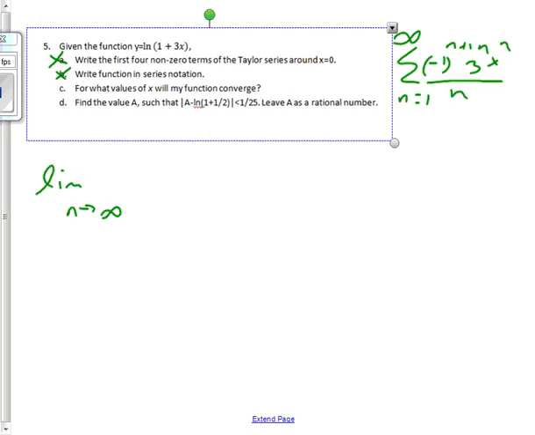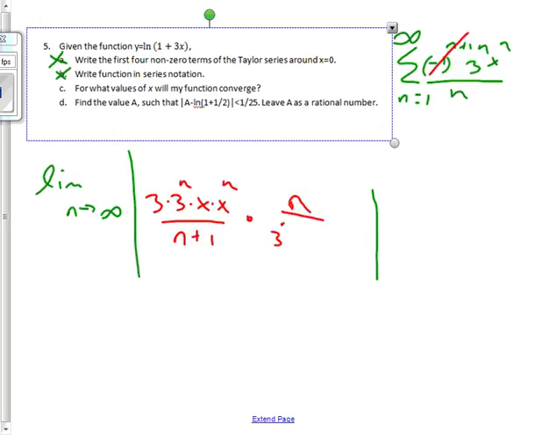So when we do the ratio test, we don't need to consider that portion. So we have 3 times 3 to the n times x to the n over n plus 1 times n over 3 to the n x to the n. Lots of things go away.